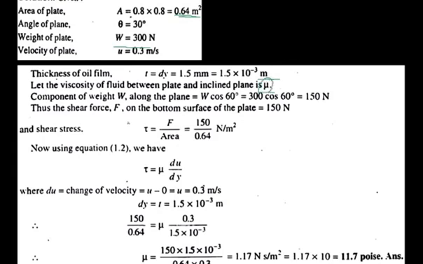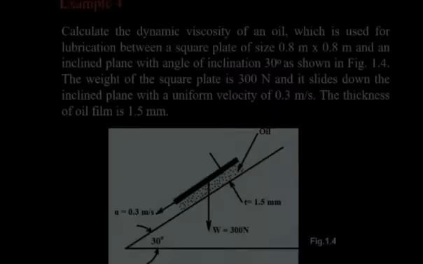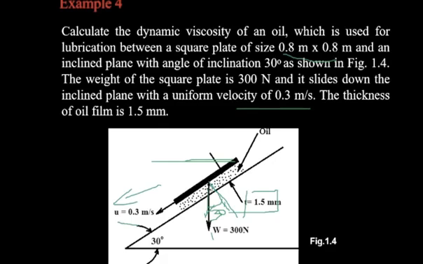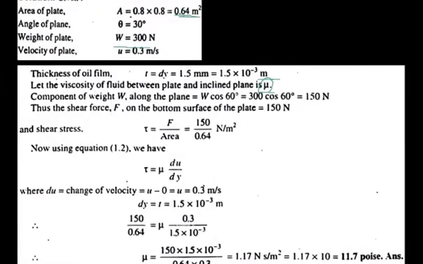So now component of weight W along the plane is W cos 60 degree. Why? I have told you, it is the same wedge problem. So component of the weight is W cos 60 degree, and what is W? That is 300 cos 60 degree, it is 150 Newton.